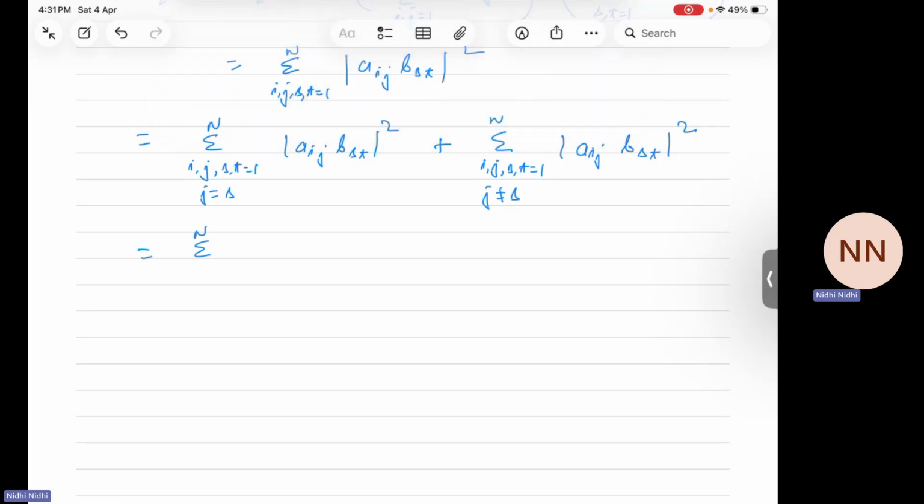So this is equal to the summation ikt from 1 to n of mod a_ik b_kt squared, plus the summation ijst from 1 to n with j not equal to s of mod a_ij b_st squared.